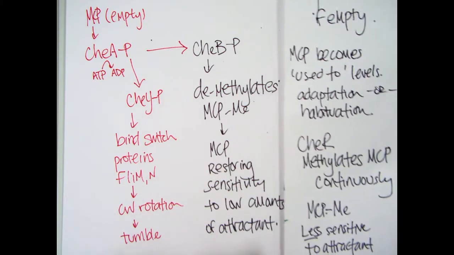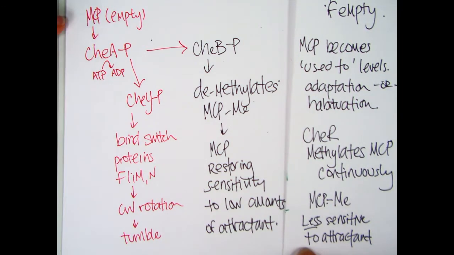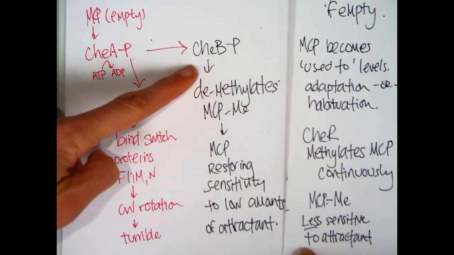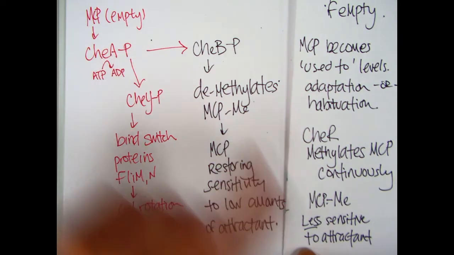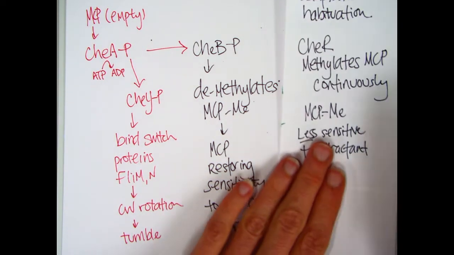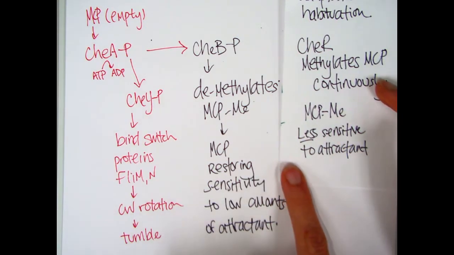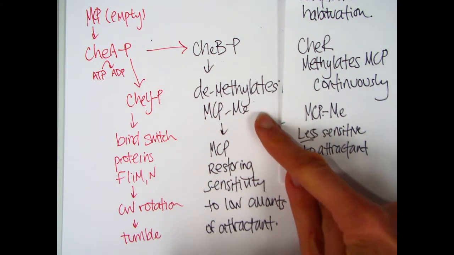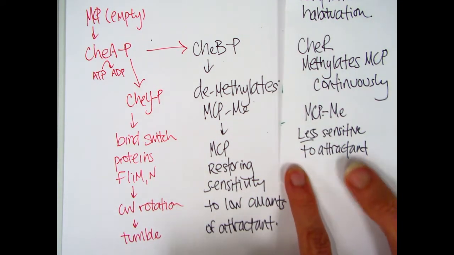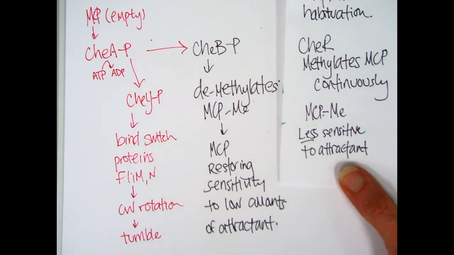Then, when the MCP is empty, we get the phosphorylated CheA, which activates tumbling, but which also activates the phosphorylated CheB. The phosphorylated CheB counteracts CheR, demethylates, and restores the sensitivity of MCP to low levels of attractant.